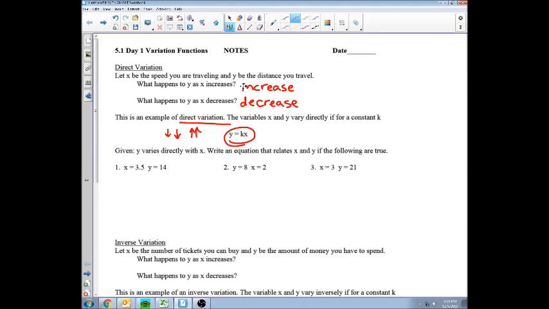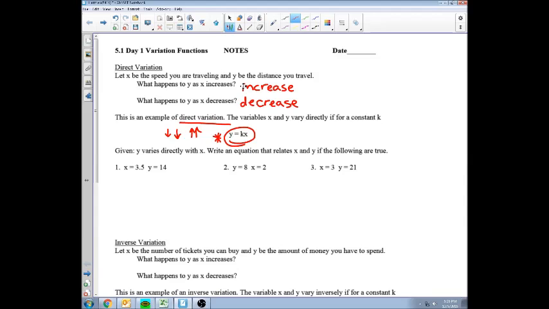So our job now is, given y varies directly with x, so we know we're going to use y equals kx, we need to write an equation that relates x and y if the following are true. We're going to plug in these numbers for our y and our x to find our k. Once we find our k, we're going to rewrite an equation that we could use in any other situation that works with this, okay?